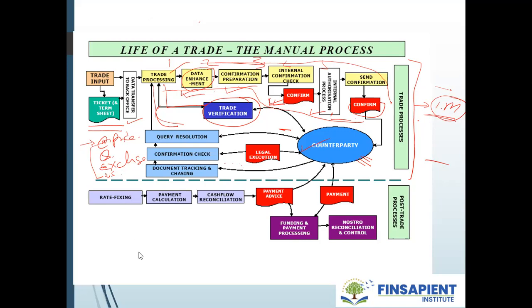The trade will only get onto the report of the custodian when both parties are matched, in other words, the buyer and the seller. So in this case, the client wants to buy something. In between, there's a counterparty, right?